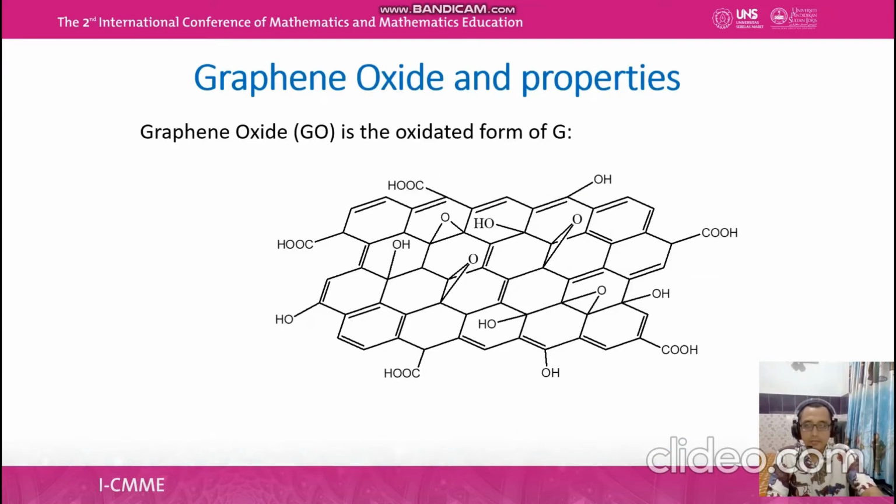Another derivative of graphene, graphene oxide, or GO, is an oxidized form of graphene, in which the functional groups are arbitrarily placed and collected randomly. This results in the disruption of the electrical and optical properties of graphene, so that electron transport becomes difficult and it is resistant to accepting electrons.